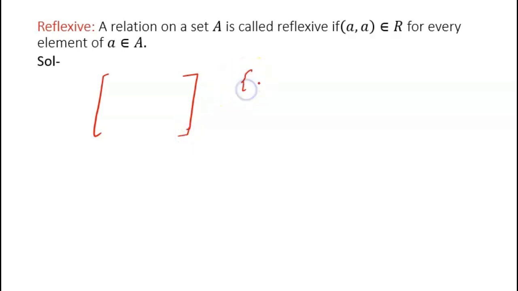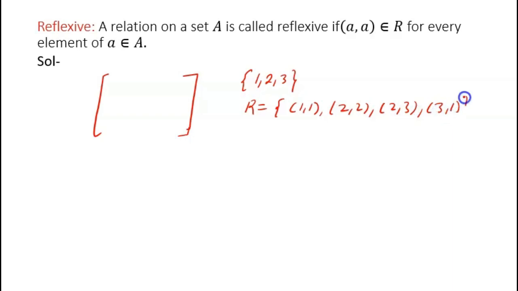So suppose we have a set which contains 3 elements 1, 2, 3, and on this I define a relation which I am representing by (1,1), (2,2), (2,3), and (3,1).